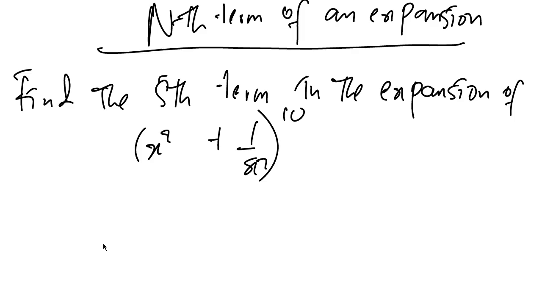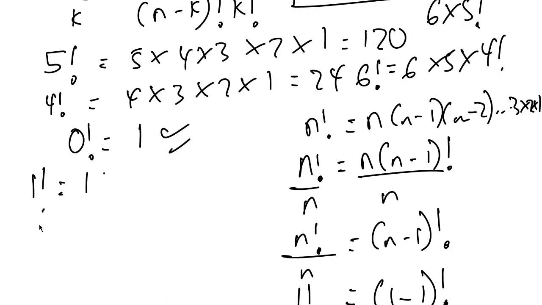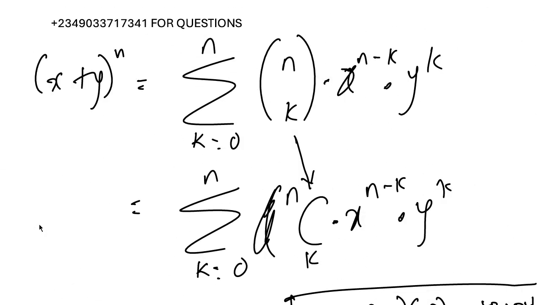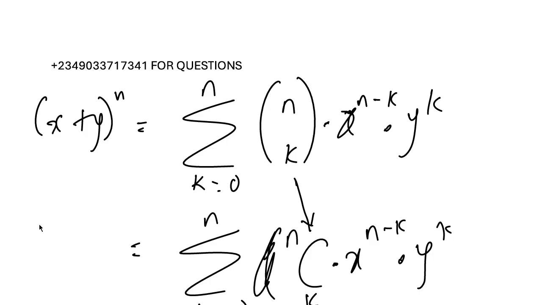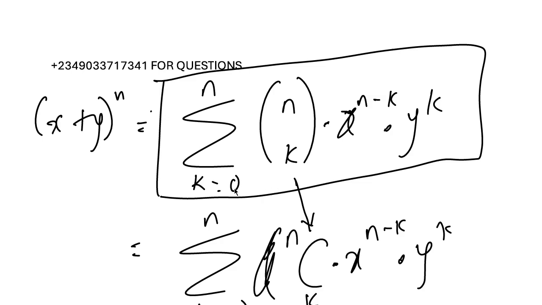So how do you do this? Now, if you have been following, you see what I said about this binomial expansion over here. This is the theorem. So what does this stuff mean? It means that starting from k equal to 0, that is why from my other illustrations I say I will now do n combination 0, and then I now have x raised to the power of n minus 0, y to the power of 0, plus n combination 1.